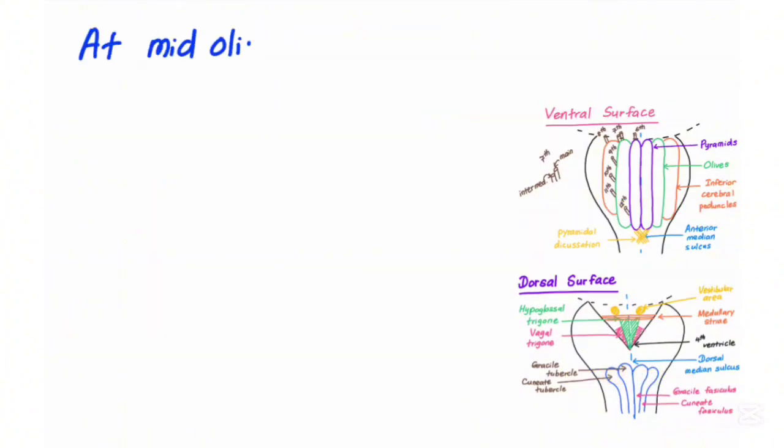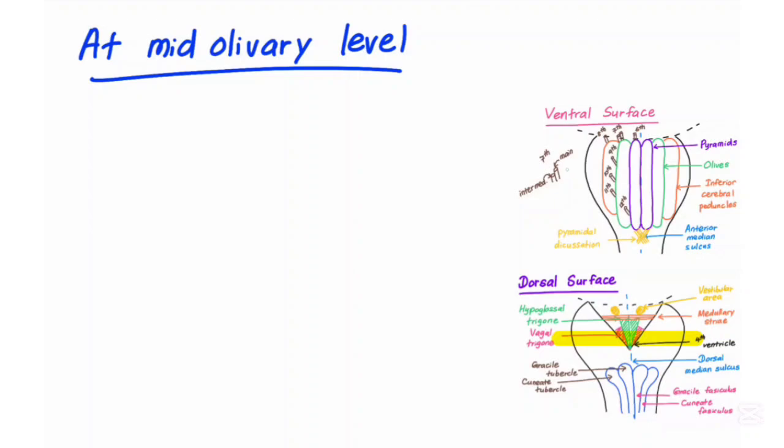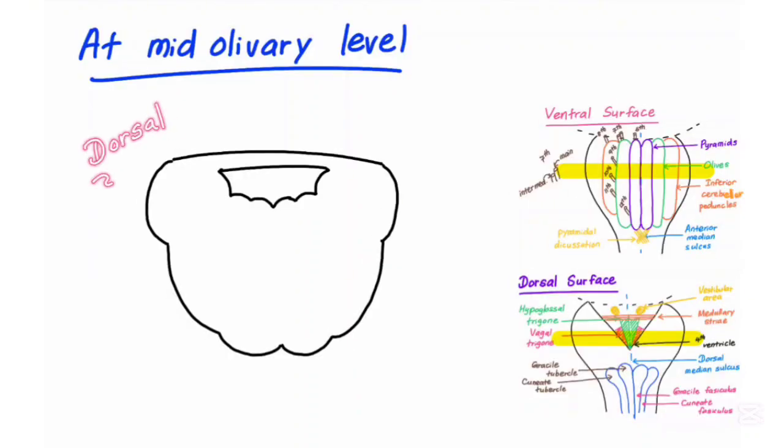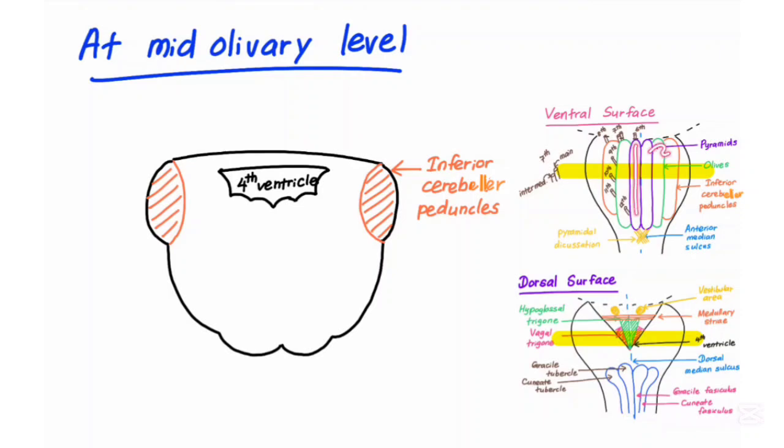And now let's move to the third one at Mid Olivary level. Same as earlier, here are the dorsal and ventral surfaces. Special thing here is we can see the 4th ventricle and then inferior cerebellar peduncles and also pyramids. In the midline we can see medial lemniscus and the medial longitudinal fasciculus, and the other special thing is the olivary nucleus.